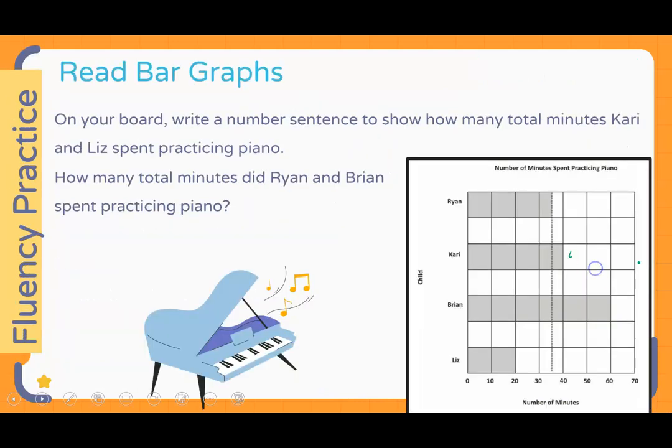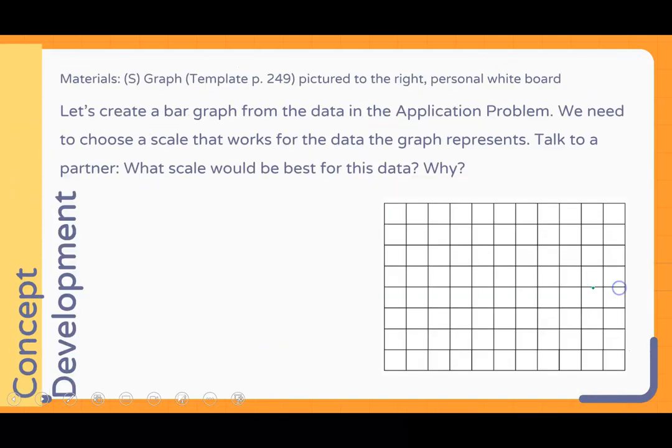So should I count by 5s? No, that'd be way too much. What about 20? No, still not enough. What about 50s? No, still not enough. What about 75? No, not enough. What about hundreds? Yes. We would count by hundreds.